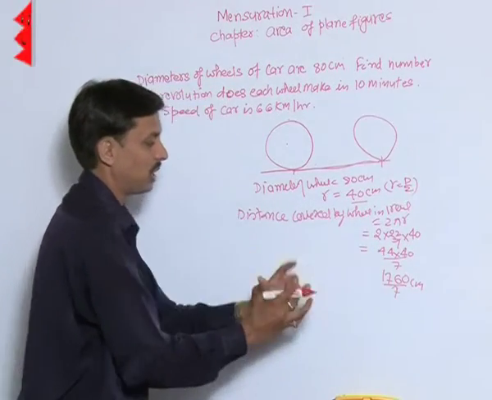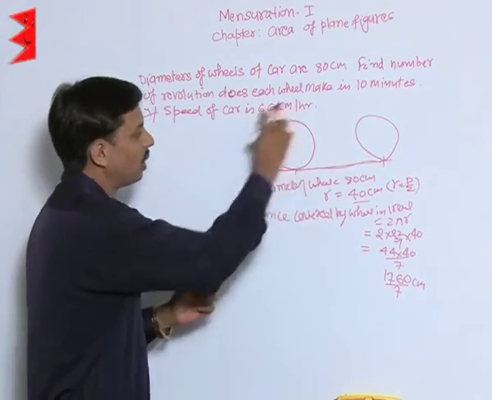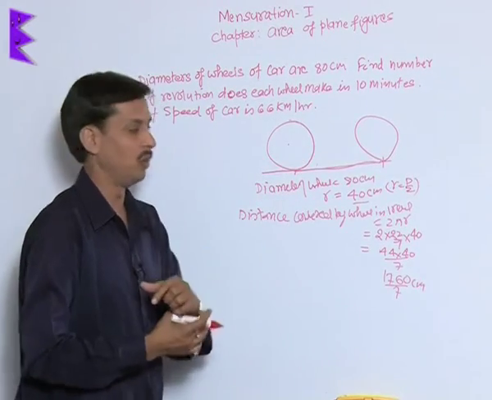This is the distance travelled by the wheel of the car in one revolution.